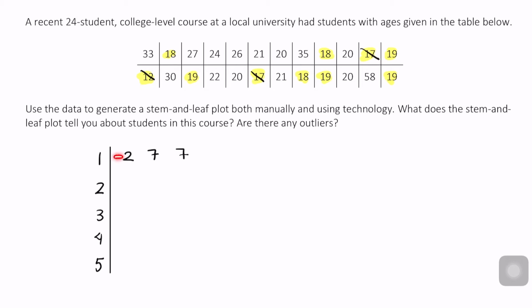And notice I'm trying to leave about the same space between them. There we go, that's better. What's the next smallest number? Well, that's 18. There are three 18-year-old students. So I'm going to write down three 8s. And then finally, there are four 19-year-old students.